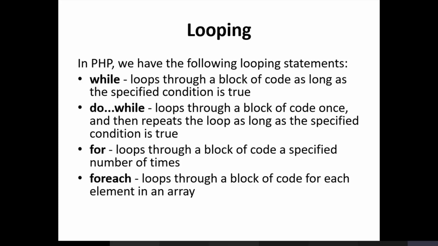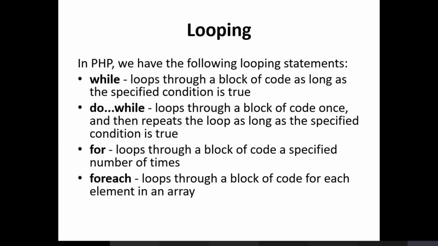So where you are going to run a particular loop a specified number of times, the for loop is preferred. Then we have another looping statement, that is foreach. Foreach loops through a block of code for each element in an array. If we consider an array in which we have 10 elements, foreach will go through a block of code for each and every element.